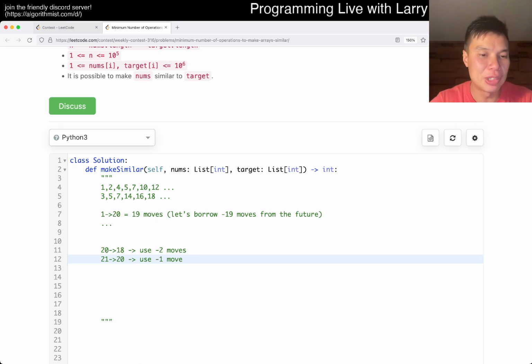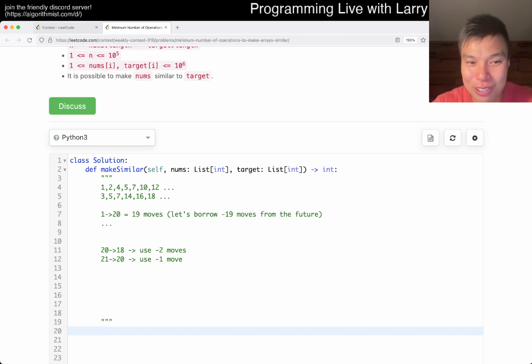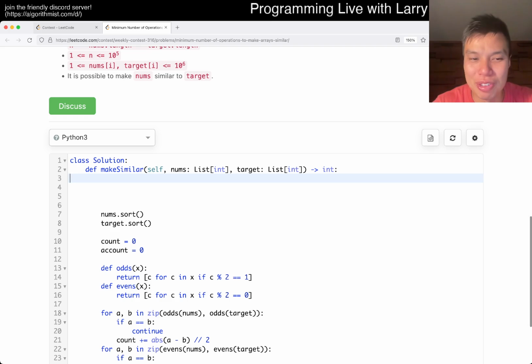So we don't have to worry, because these 19 moves can come from anywhere. We can do it this way because it makes sense that 20 has to go to 18 no matter what. Then it doesn't matter how it gets there, right? On the other direction. That's basically the really long, greedy pseudo proof attempt.